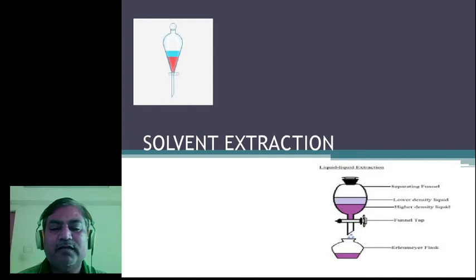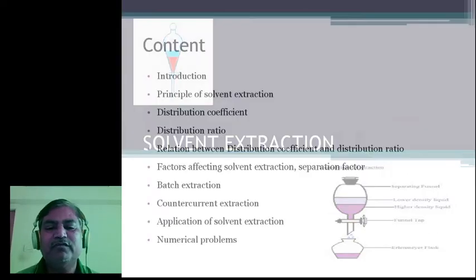This separatory funnel is shown in the slide, in the left corner of the slide. This is a glass apparatus made from good quality transparent borosilicate glass, having a stopper, and for this purpose we are using it for separation of this mixture.